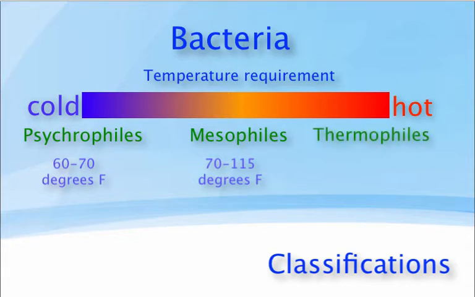Thermophiles prefer warmer temperatures from 120 to 160 degrees Fahrenheit. Therm is the same prefix used in thermometer, and it means hot or heat. Thermophiles do not survive in or on the human body.